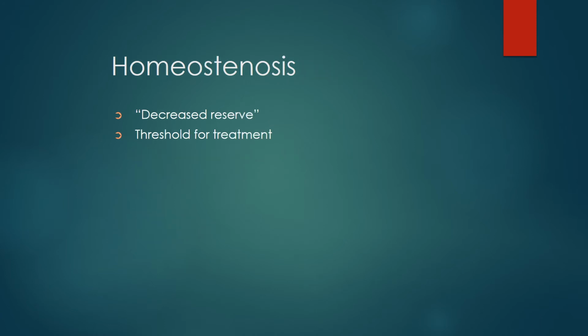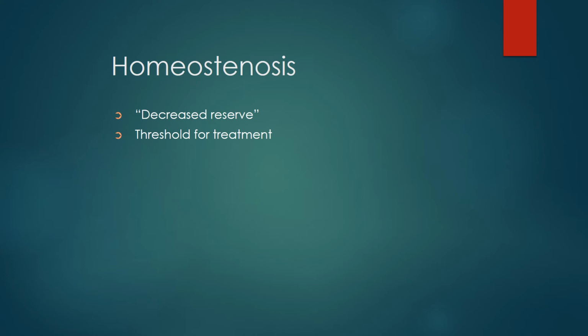Homeostenosis, as we said, is basically just that decreased reserve, so that if I am elderly and my blood pressure is normal at rest, but then I have increased stress on my system, I won't necessarily be able to get my pulse up high enough to keep my blood pressure where it should be. So for me, that is an issue sometimes with threshold for treatment.